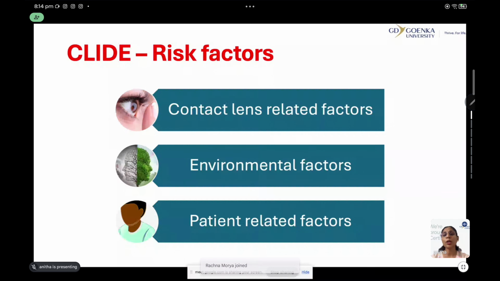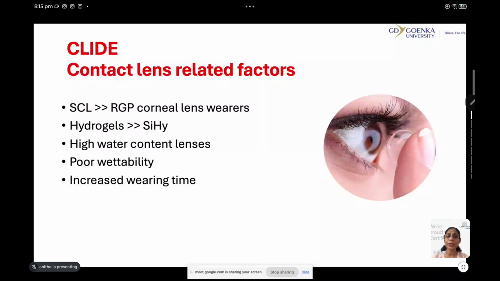Now let us look at the risk factors which lead to the development of Clyde. There are three pillars: first, contact lens related factors; second, environmental factors; and finally, patient related factors. Among the contact lens related factors, soft contact lens wearers rather than rigid lens wearers have an increased risk of developing Clyde.